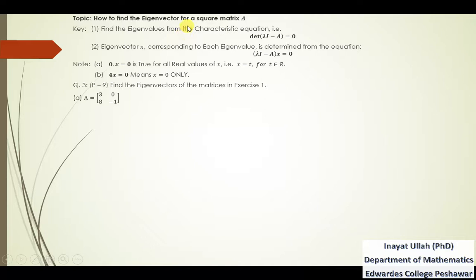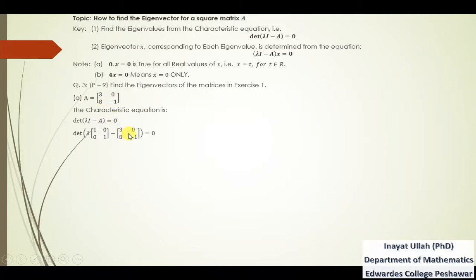First of all, we need to find the eigenvalues, the values of lambda from this determinant. For this determinant, the characteristic equation is this. Putting in the values of A and the identity matrix, we replace I by the identity matrix and A by this matrix.